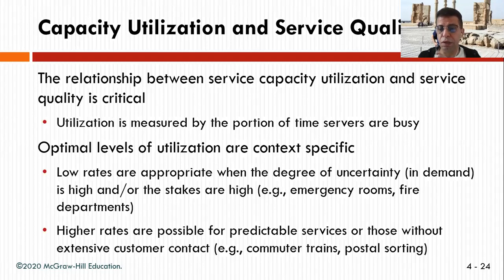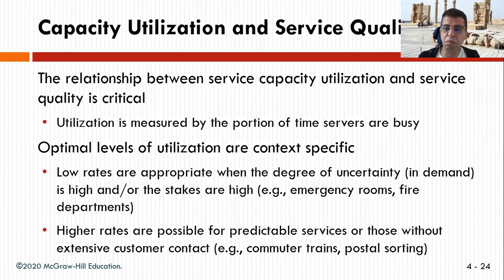Depending on the industry, you will find each industry works at a certain capacity. Higher rates are possible for predictable services or those without extensive customer contact, like community training or postal sorting.